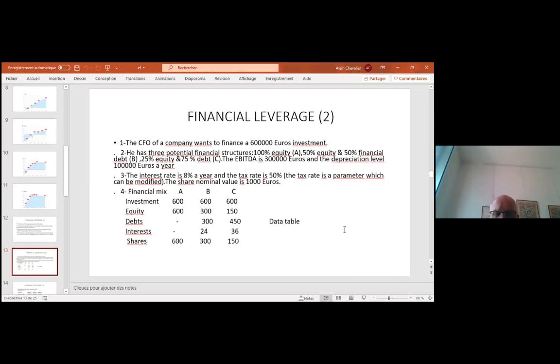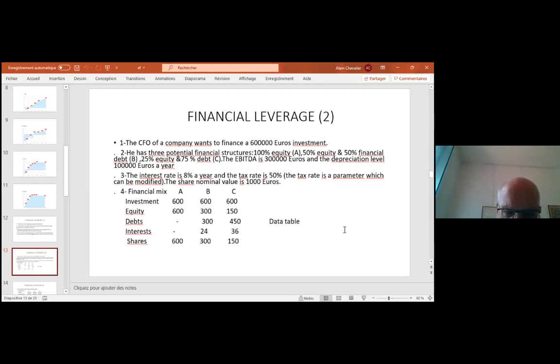And it is 36, which means 8% multiplied by 450, in case C, with 75% debt. 8% of 450 is equal to 36. So you have this line of interest: 0 for A, 24 for B, 36 for C. This is what we find. Number of shares right now.